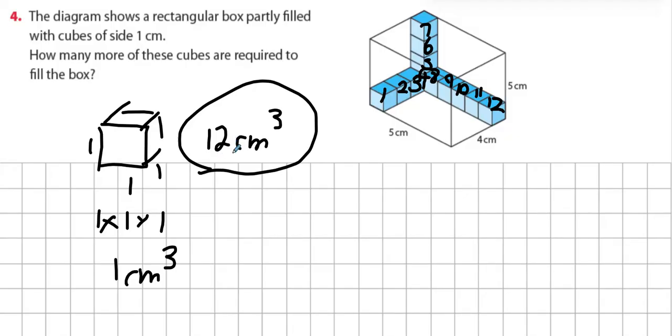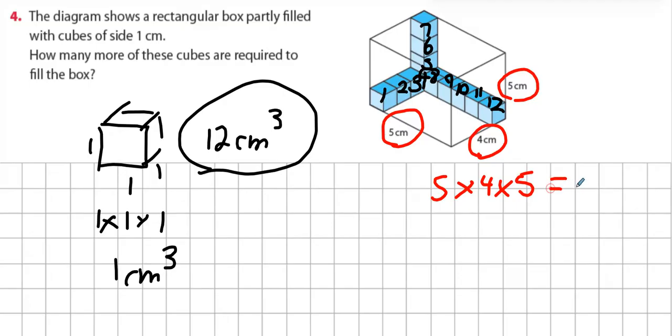Alright. Now, I'm going to do the size of this box. 5 by 4 by 5. What's the volume of this box? Would everybody agree the volume is 100? 100 centimeters cubed. I've already filled it with 12 centimeters cubed.